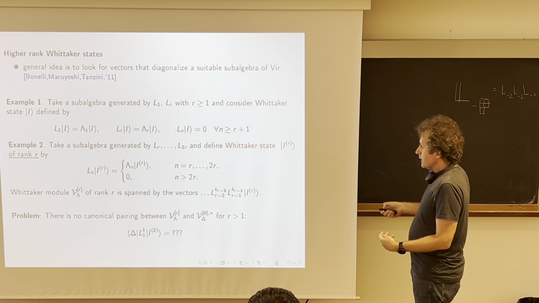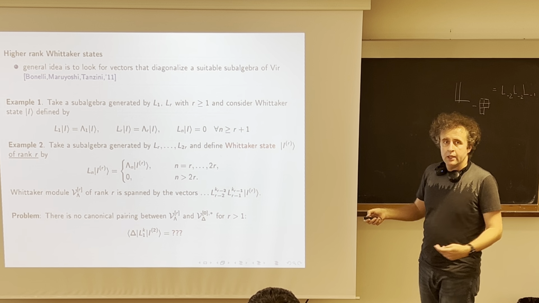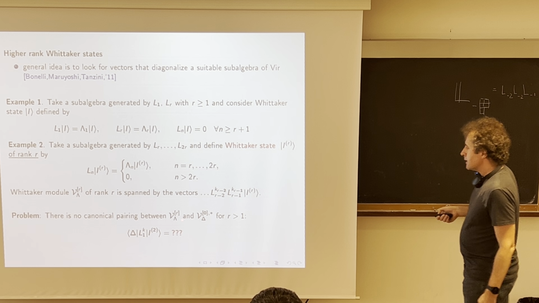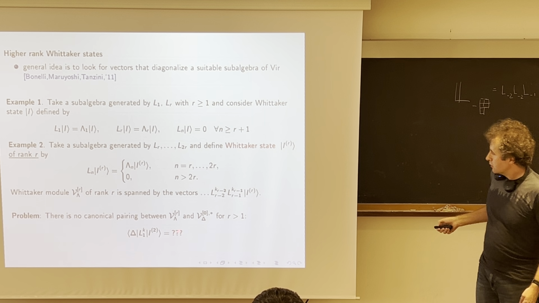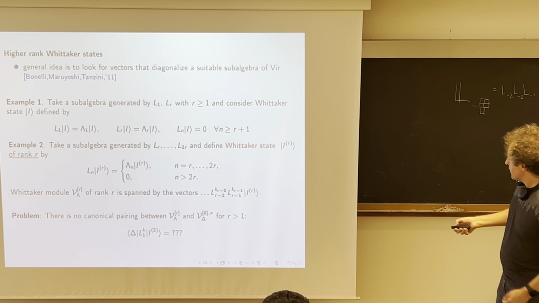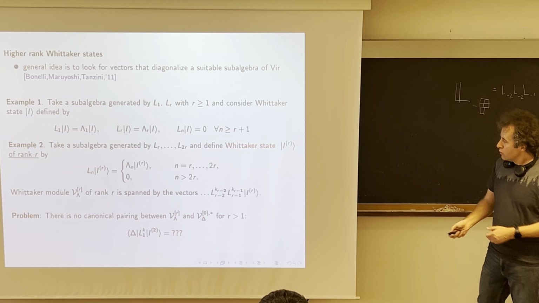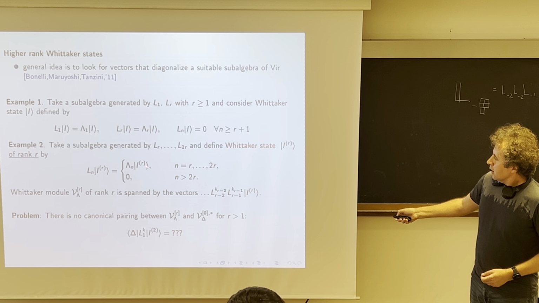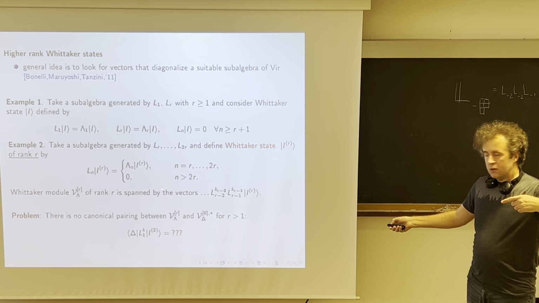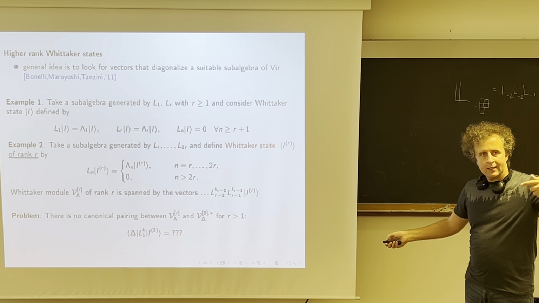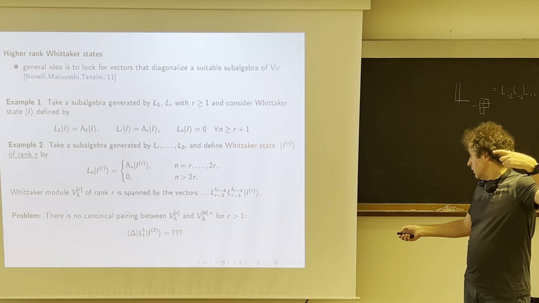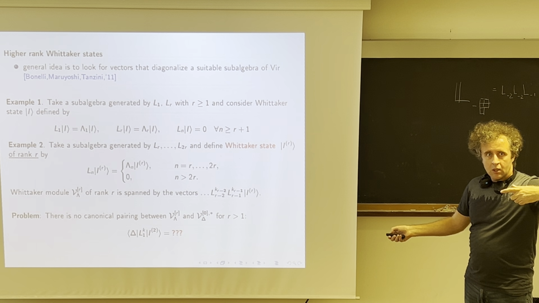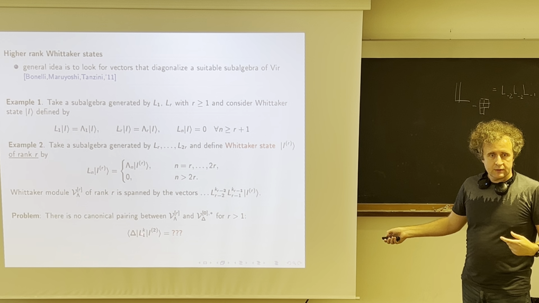And when this R here is greater than 1, then you immediately run into problems, because look at this expression here. So this I2, if you look at this formula, is an eigenvector of L2, L3, and L4, but you don't know how L1 acts on this guy.